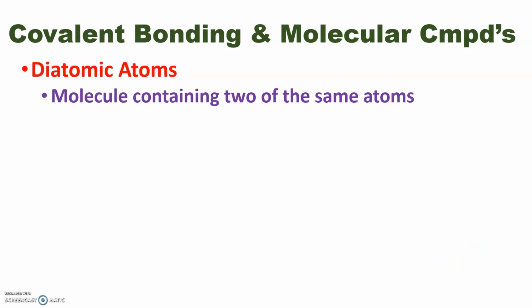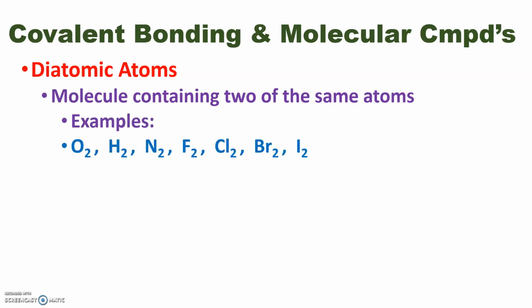Okay, so the diatomic atoms. Now we're going to talk about these. They are molecules containing 2 of the same atom. Here are the examples, and you don't need to memorize these because they are on your yellow sheet right below your IDE endings. So these elements, like oxygen, it never exists just as a single O in nature.